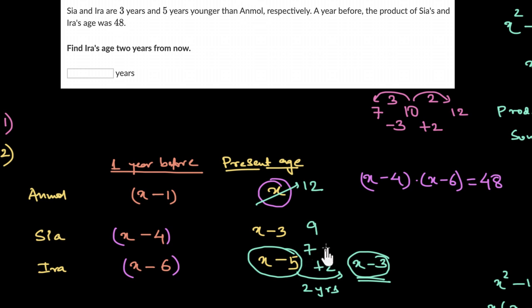So 2 years from now, Ira's age would be 2 years more than 7, that is 7 plus 2, which is equal to 9 years. So Ira's age 2 years from now would be 9 years. And you could have also done this by subtracting 3 from x, that is x is equal to 12, so this would be 12 minus 3, which is again equal to 9 years.